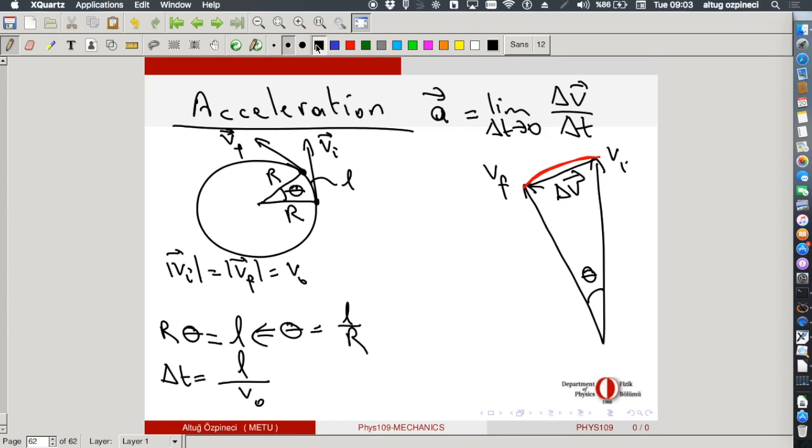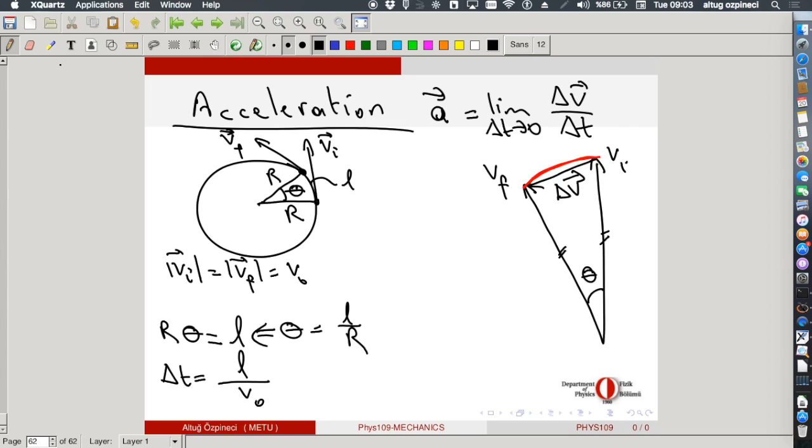Well, since the initial velocity and the final velocity have the same magnitude, this length is equal to the other length. My object is rotating around the circle, so the only thing that will happen to the velocity vector is that it will be changing its orientation. Initially it was pointing upward, the next time it will be pointing in that direction, and in that direction. Since it's uniform, the magnitude will not change.